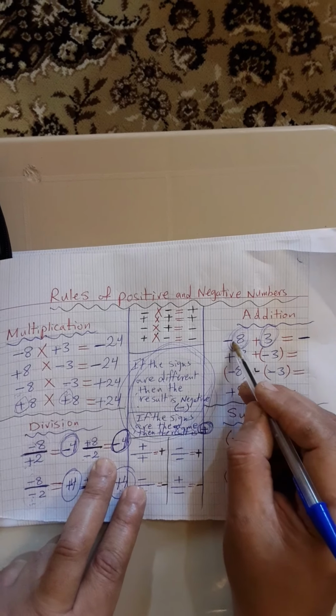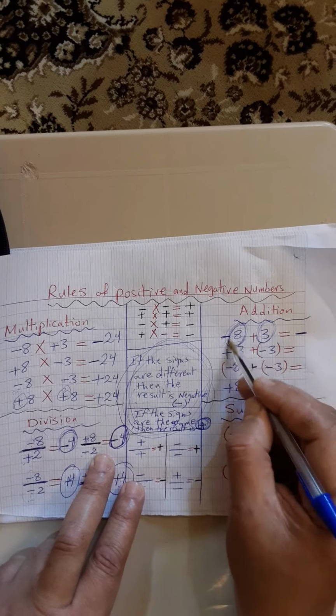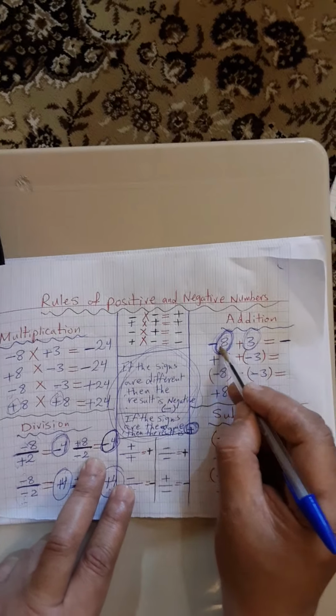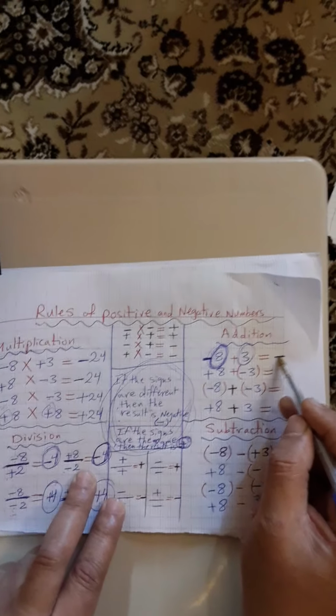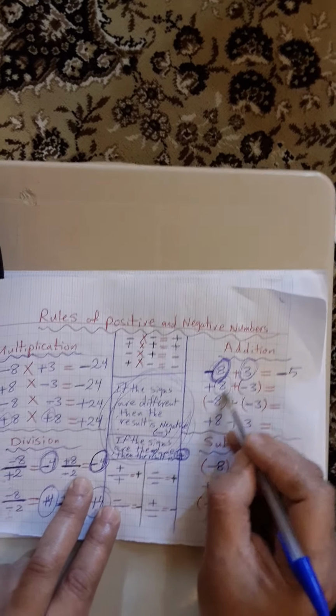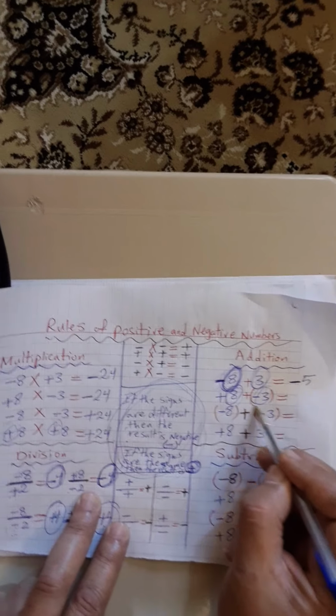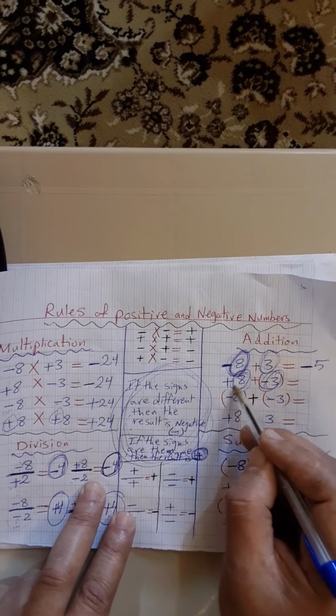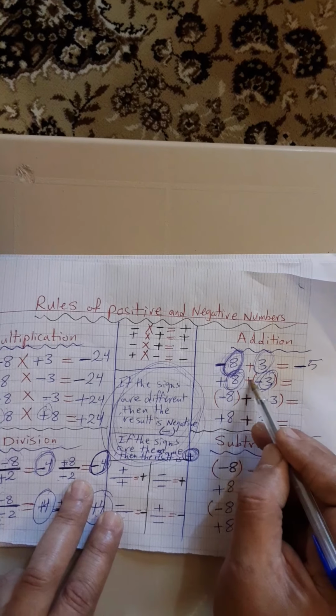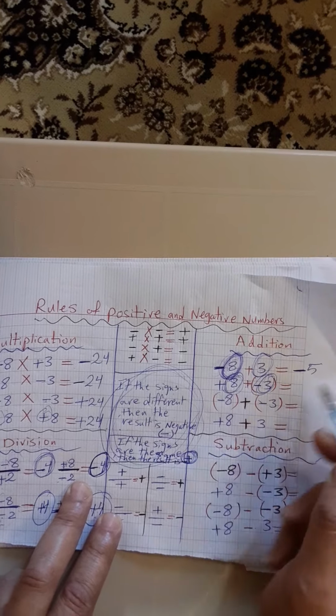Then the sign of the result is minus, because the greatest value is 8 and the sign of the greater value is minus. Minus 5. What is the greater value? Minus 3 and 8. What is the greater value?